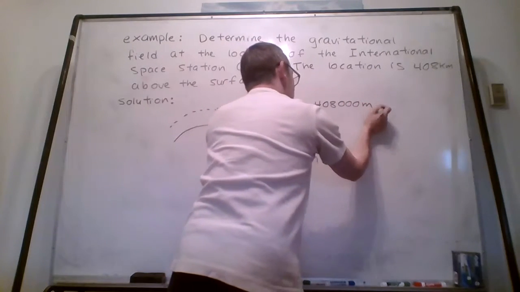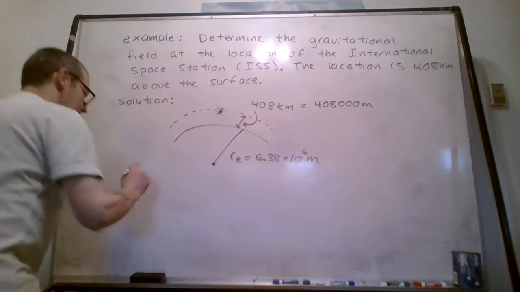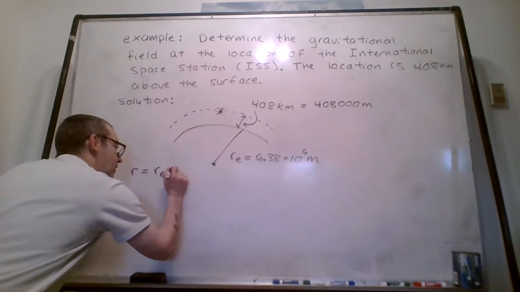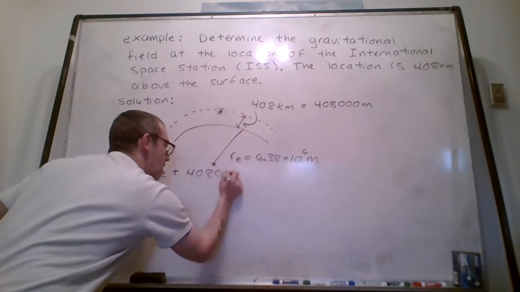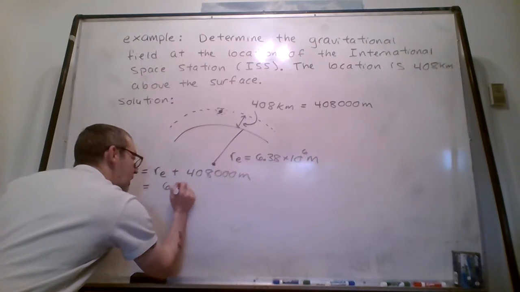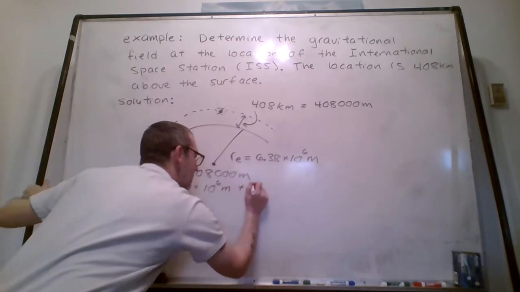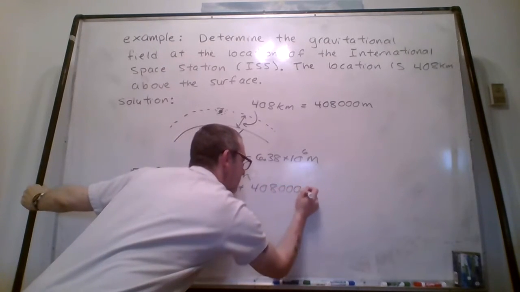So this is 408,000 meters. In our formula, we're going to write r equals the radius of the Earth plus 408,000 meters, or 6.38 times 10 to the 6 meters plus 408,000 meters.